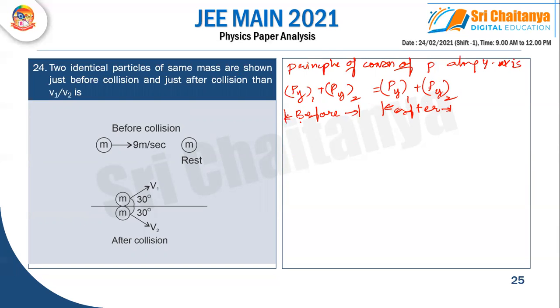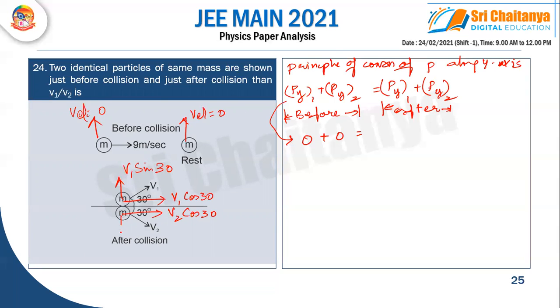Now, there is no velocity along the vertical direction before collision, so the velocity component is zero, and for that reason I'm going to get 0 plus 0 is equal to, after collision, v1 cos 30 and v1 sin 30, and v2 cos 30 and v2 sin 30.